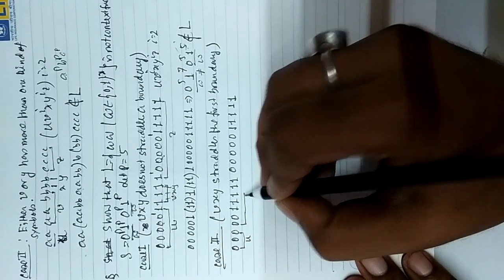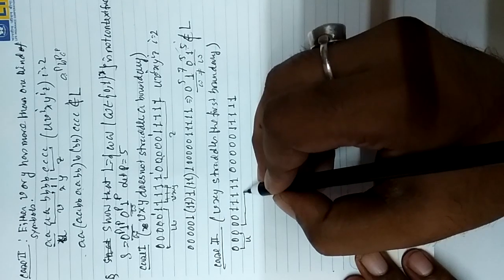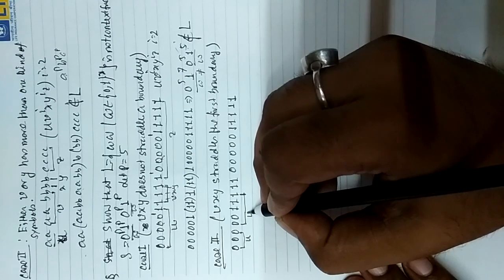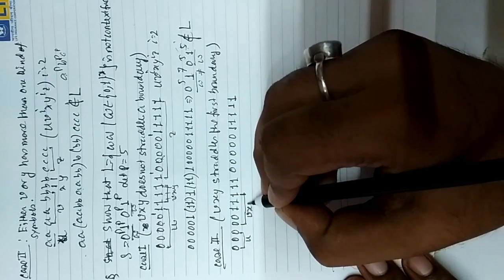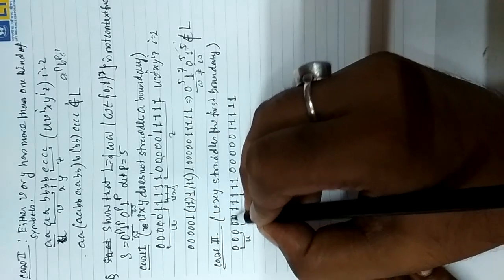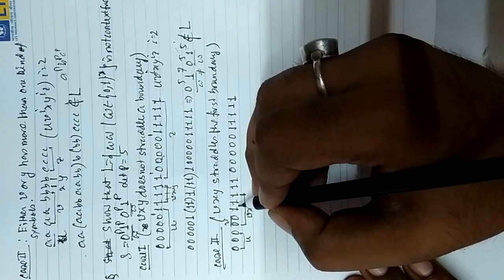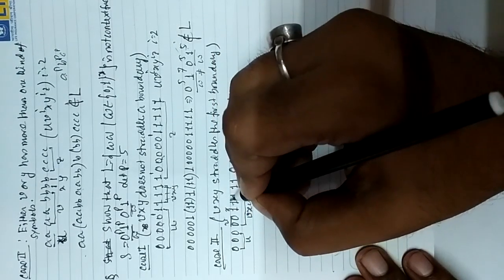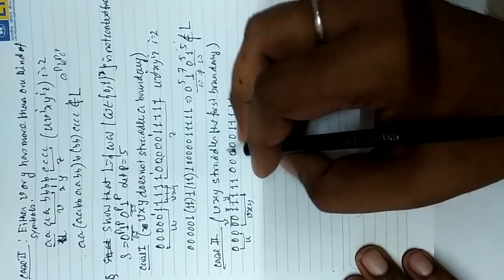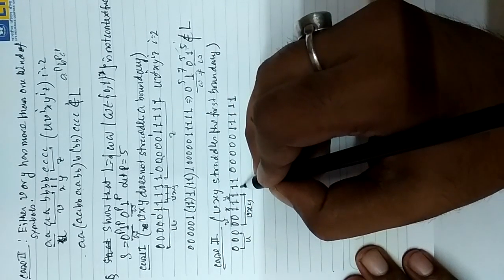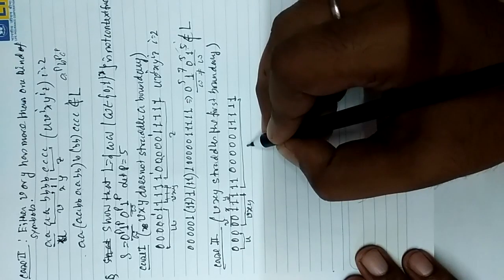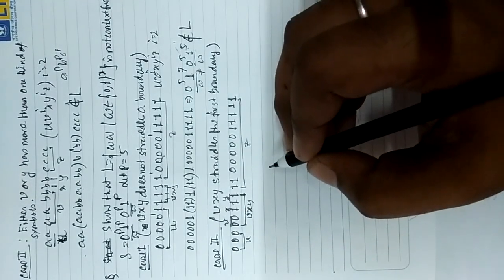This is Vxy. Among this Vxy, let us consider this part as V, this is X and this is Y, and the remaining part is Z.